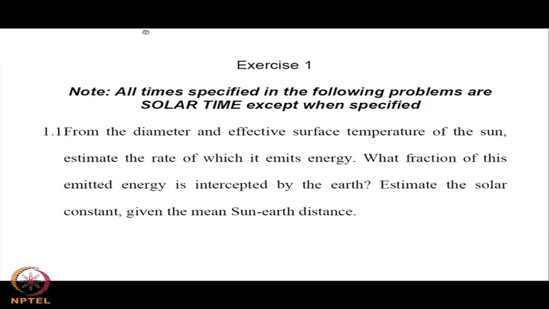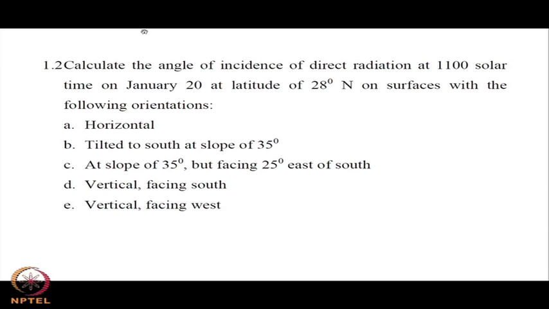So, we shall go to the next problem. These problems are picked up with a particular idea to drive home the point which we are trying to make through the lectures.